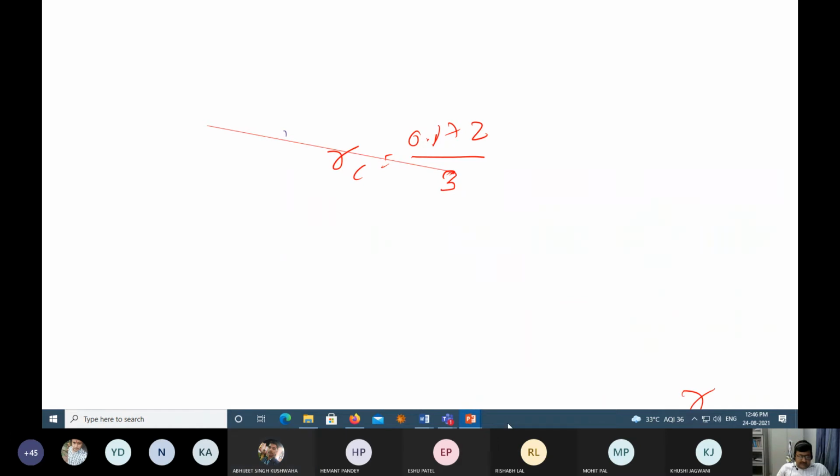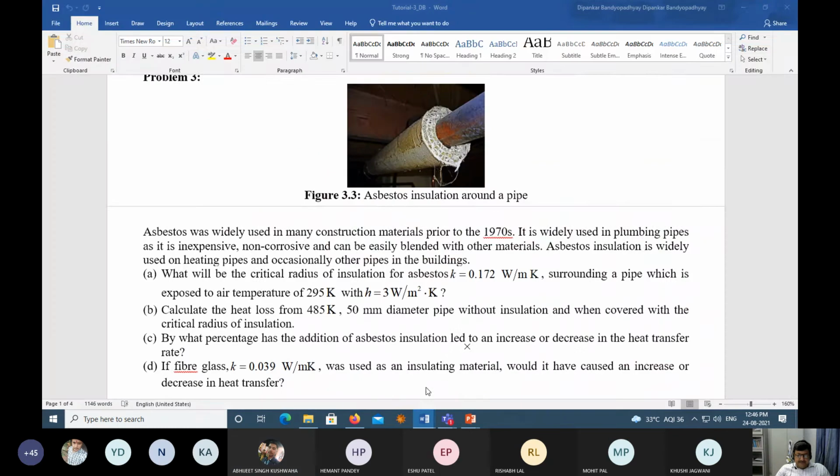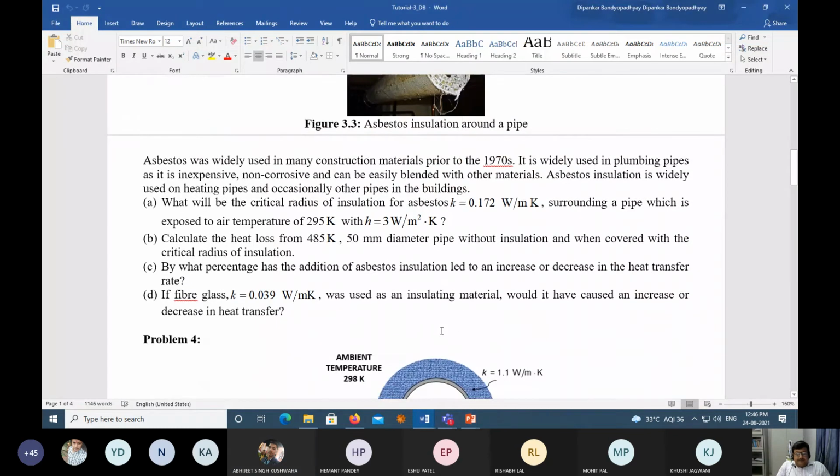So what next? What is the next question that you have? By what percentage has the addition of asbestos insulation led to an increase or decrease in the heat transfer rate? Calculate the heat loss from 485 Kelvin, 50 mm diameter pipe without insulation and when covered with the critical radius of insulation.